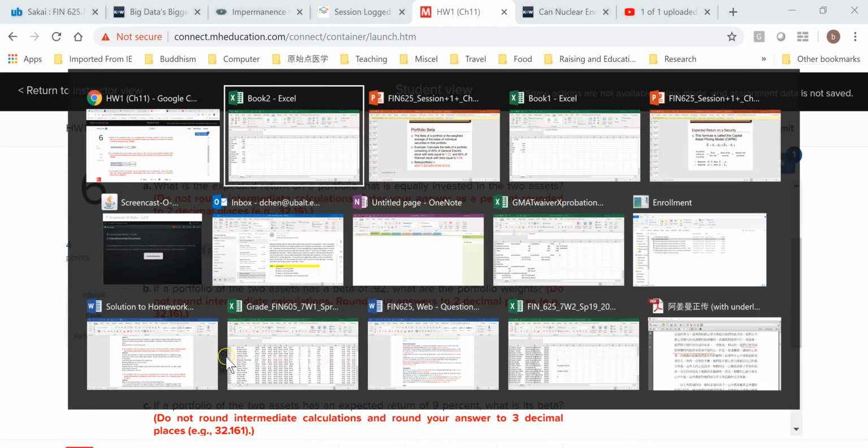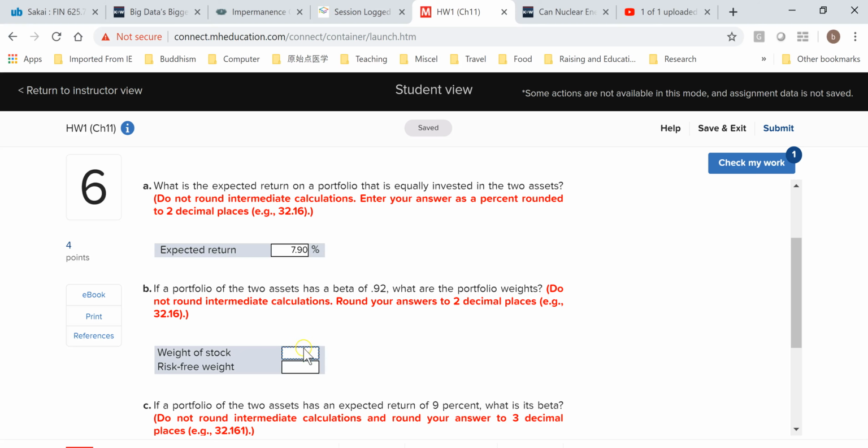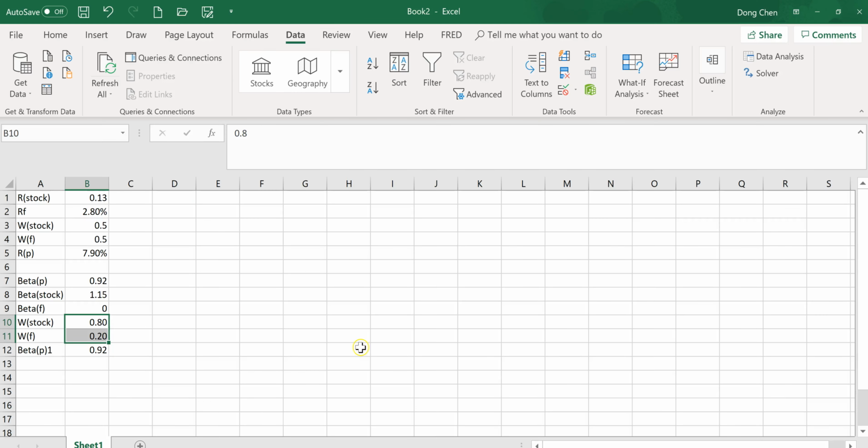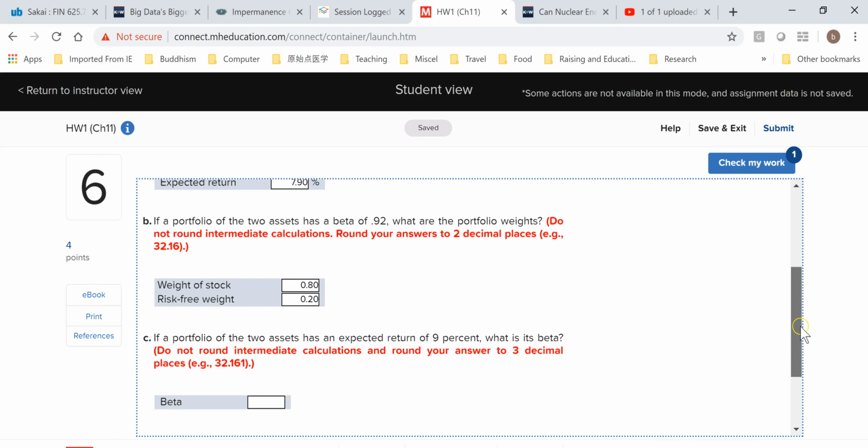So we have to make sure that we change the decimal places of the answers to match the requirement. The weight of the stock is 0.80. Hence, the weight on the risk-free asset is 0.20. So that's part B.